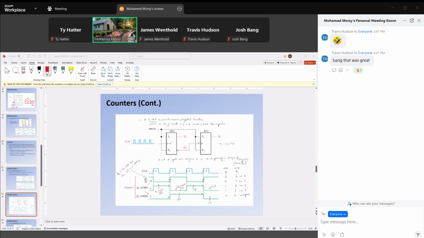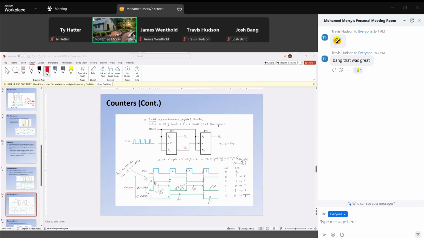Now this Q0 inverted is the CLK for the second flip-flop. So Q0 inverted represents the CLK of FF1, which means the changes of Q1, the output of FF1, depend on the edges of Q0 inverted, not CLK.